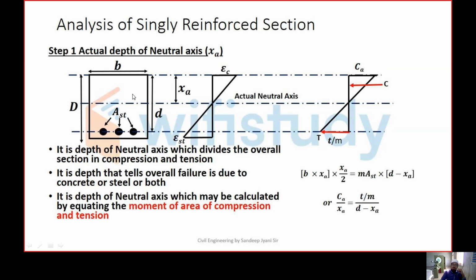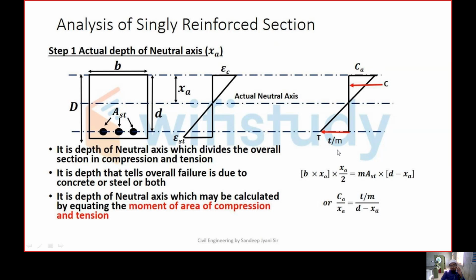The area of a rectangle is B into D. Here D is not the overall depth, not the effective depth, but it is indicated as XA. So the area above is B into XA, multiplied by the center of gravity, which lies exactly at half of the depth of the neutral axis. So B into XA into XA by 2.